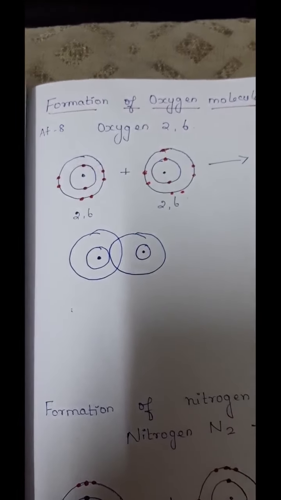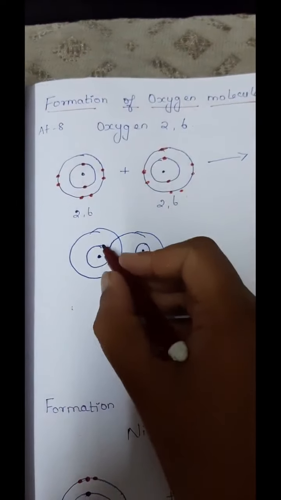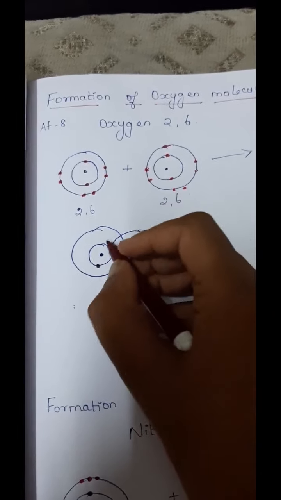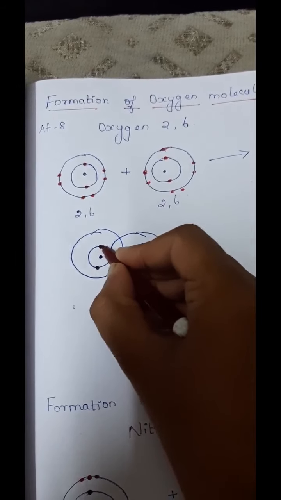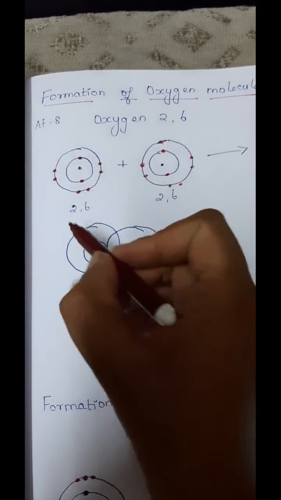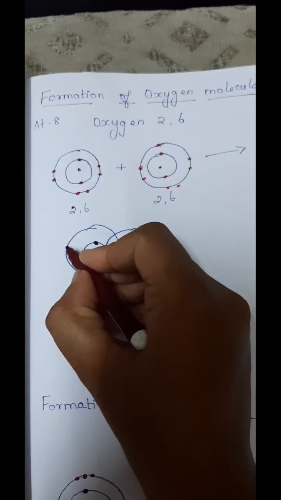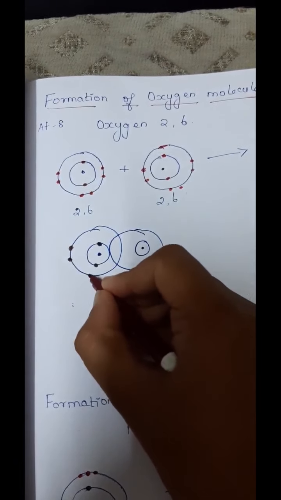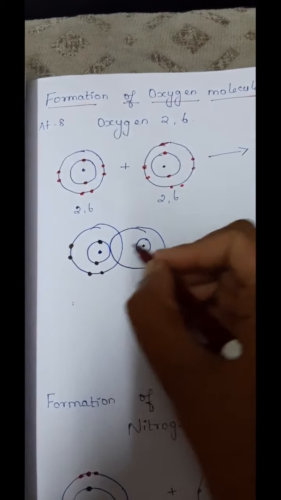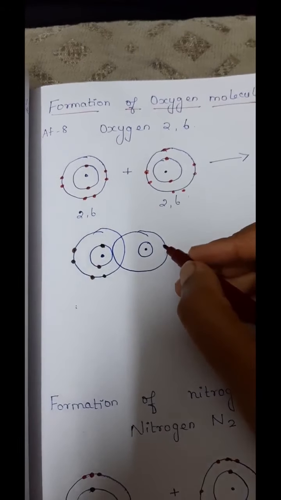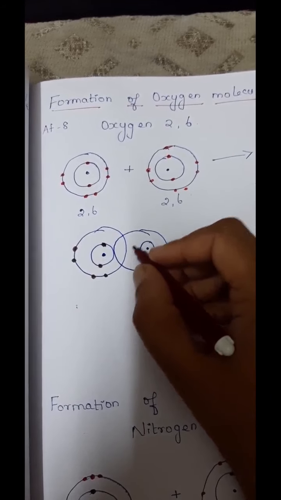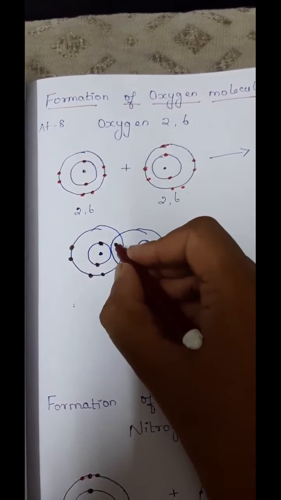Is it clear? So look at that one. The first shell will be having 2 electrons, 1 electron and another one is the next electron. Next shell will be having 6 electrons. So 1, 2, 3, 4 and the 5, 6, the shared pair of electrons, will be over here.